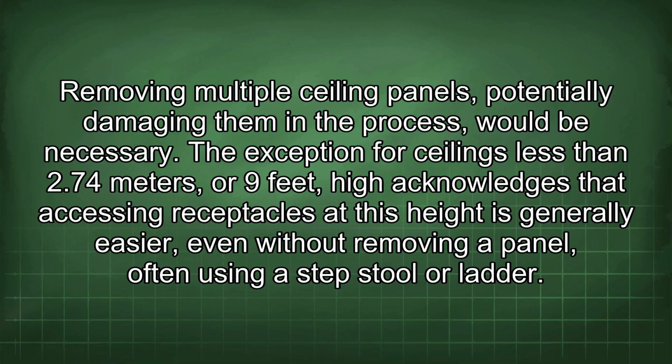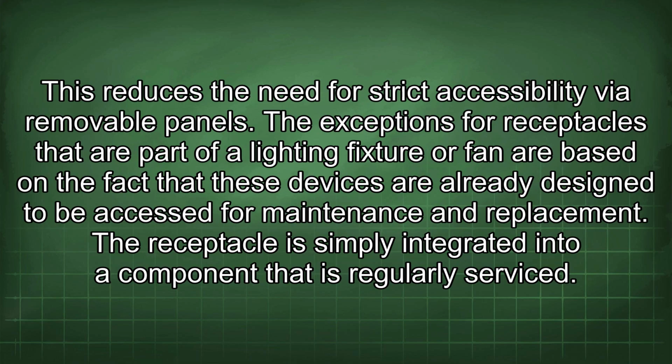The exception for ceilings less than 2.74 meters or 9 feet high acknowledges that accessing receptacles at this height is generally easier, even without removing a panel, often using a step stool or ladder. This reduces the need for strict accessibility via removable panels. The exceptions for receptacles that are part of a lighting fixture or fan are based on the fact that these devices are already designed to be accessed for maintenance and replacement.